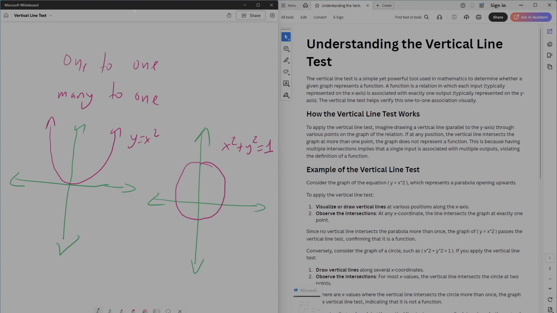So let's start with y equals x squared. It is opening upwards. So let's visualize it, and let's put a vertical line through it.